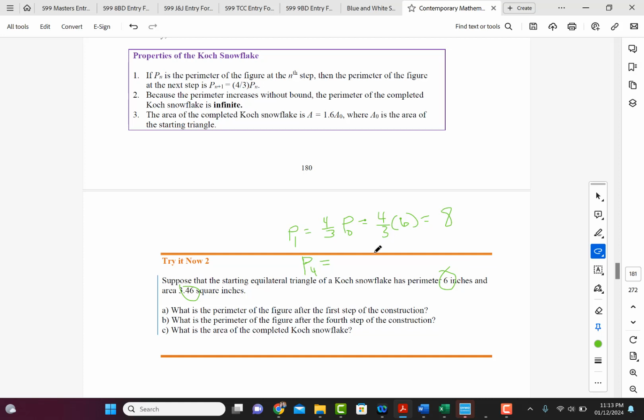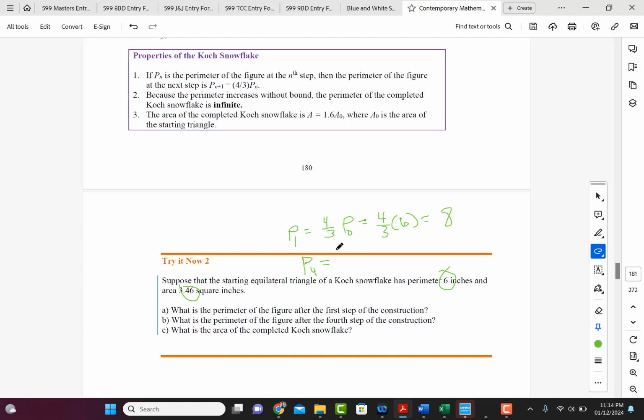And so then P4 would be 128 times 4 divided by 3. I believe it's going to be 512.